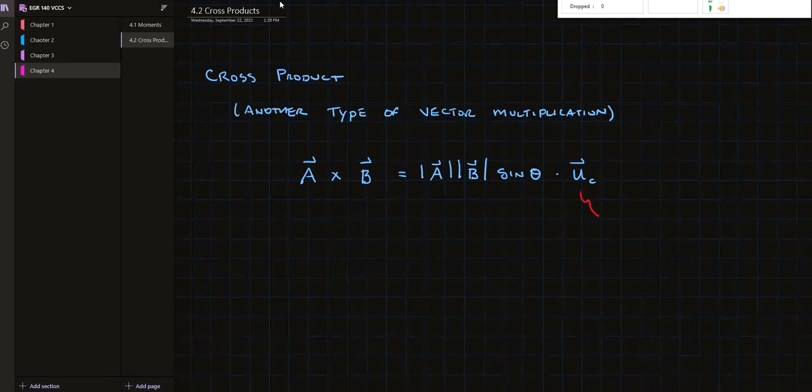So this unit vector is going to be perpendicular to both A and B. If you think of any two vectors as making a plane in space, if we go perpendicular, then we're going to be pointing outside the plane that those two vectors make in one direction or another, for example.